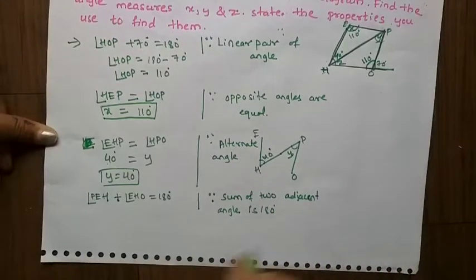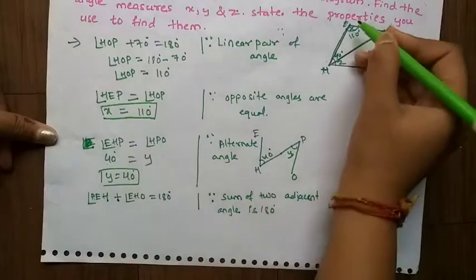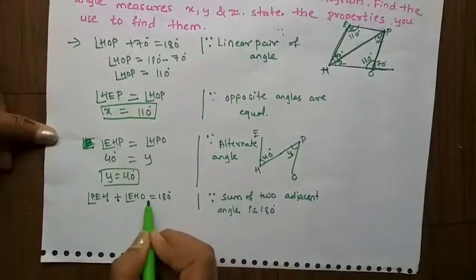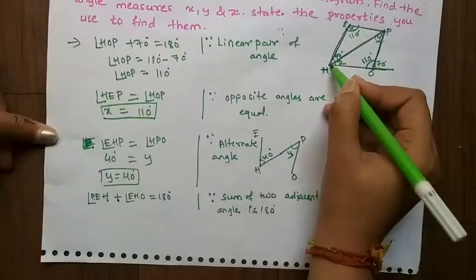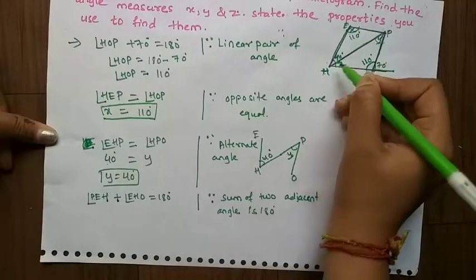Okay, here PEH, the middle angle is E. EHO, the angle is H. So E and H are the adjacent angles.